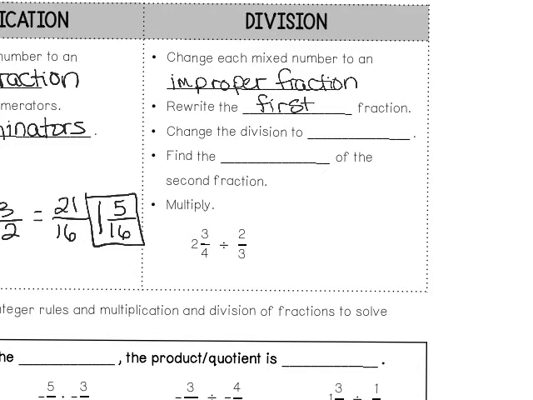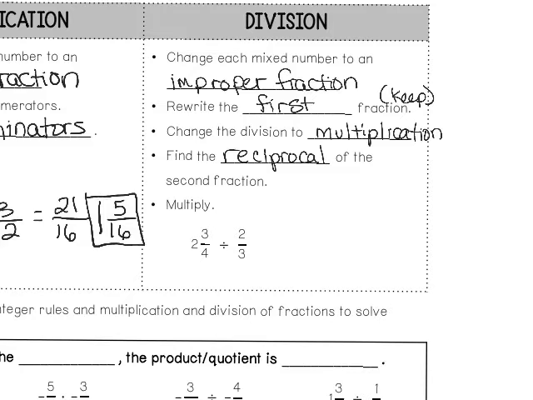This is going to be our keep, change, flip. So keep. Change the division to multiplication. And find the reciprocal of the second fraction. Then multiply.